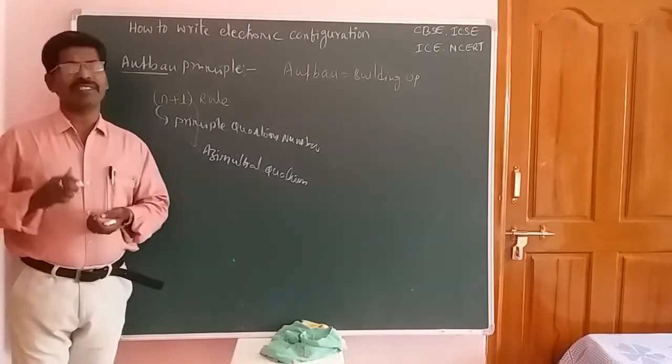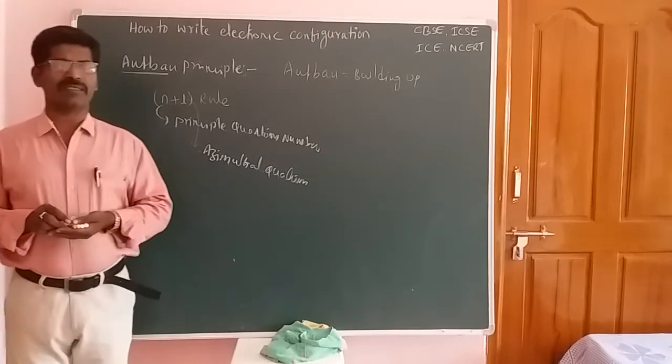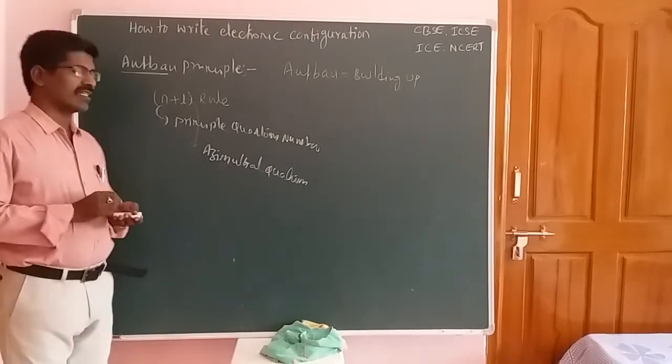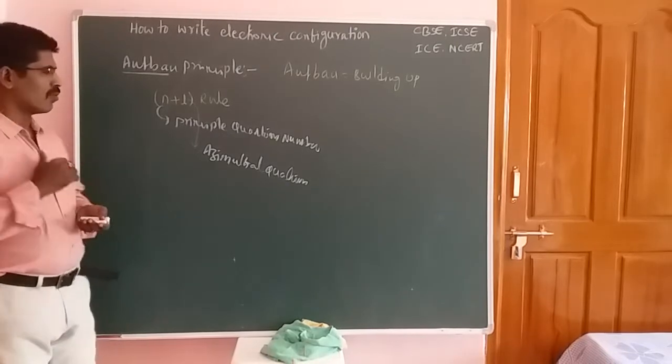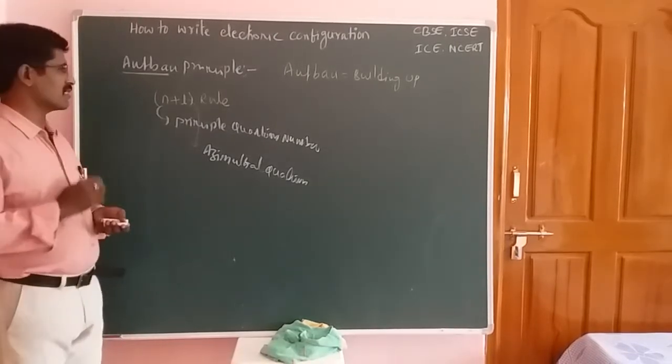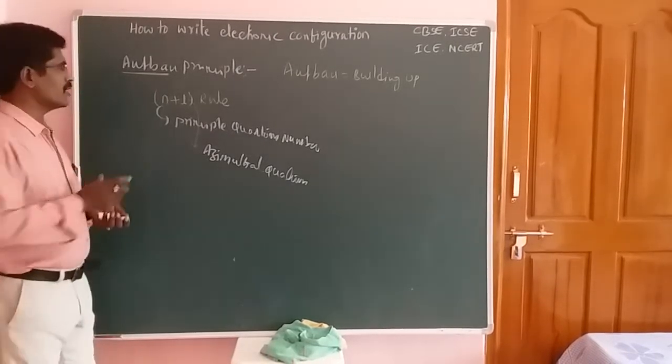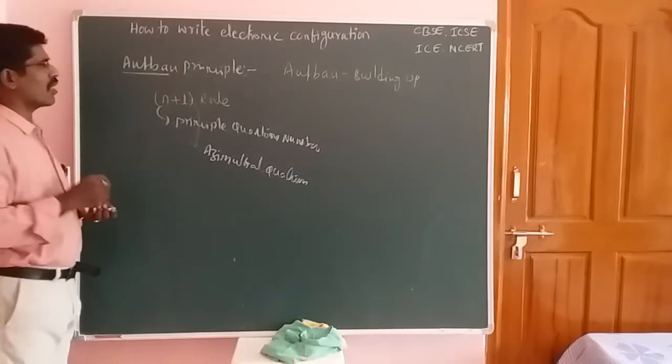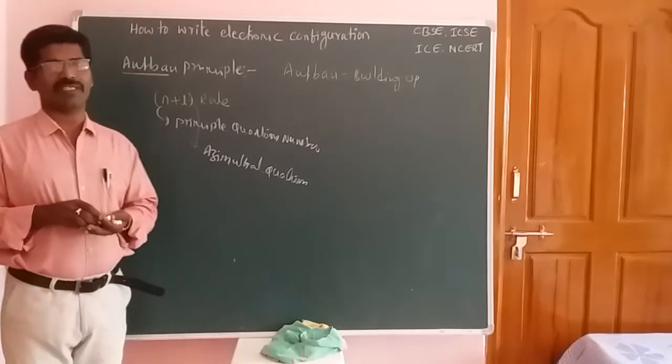Actually, this principle was discovered by the scientists Bohr and Bury. That's why this rule is called the Bohr-Bury rule, or it is also known as the n plus l rule, students. By using these two principles, we have to write the electronic configuration.